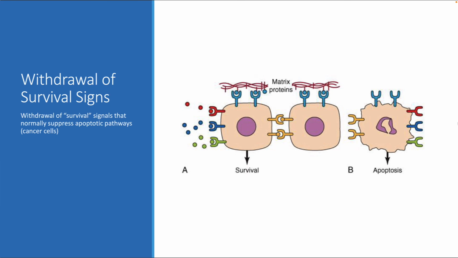We have cells that are told to stay alive in a number of ways. One is this matrix protein. So all these cells live with the matrix protein surrounding them, and as long as they're in touch with that, the cell signal is received that it should continue to be okay, right? A-okay, A+.